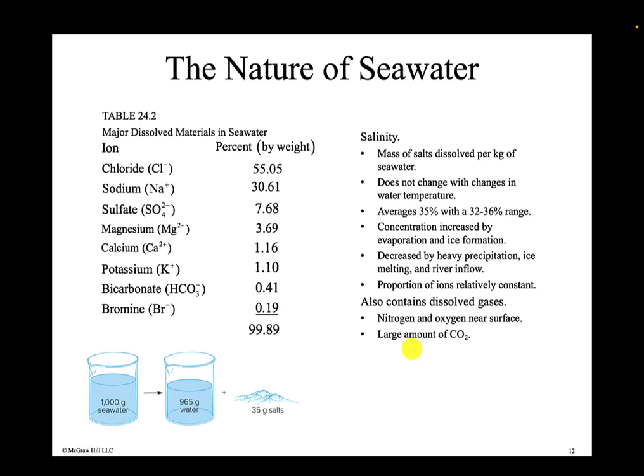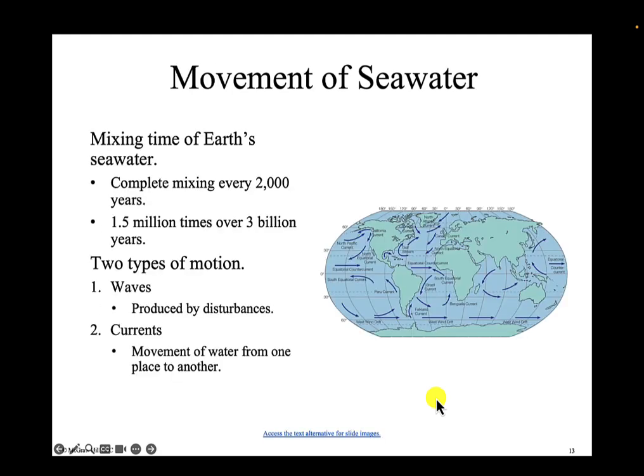Okay, water can also contain other substances, such as dissolved gases like the CO2 that will be found mainly in its form as bicarbonate. Okay, the seawater is always moving, and that movement forms currents or waves. So the movement of the seawater can be categorized into two types of motions, which are currents and waves.